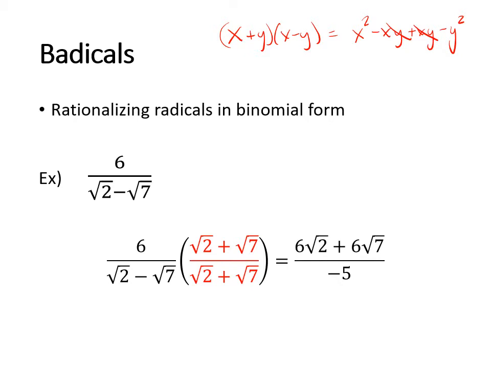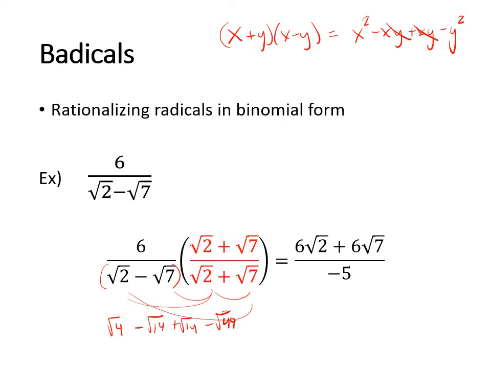Okay, so if you were to multiply these out, you would get the square root of 2 times the square root of 2, which is 2. Sorry, well, the square root of 4. Let's write that: square root of 4 minus the square root of 14 plus the square root of 14 minus the square root of 49.